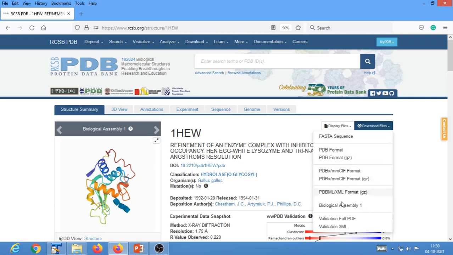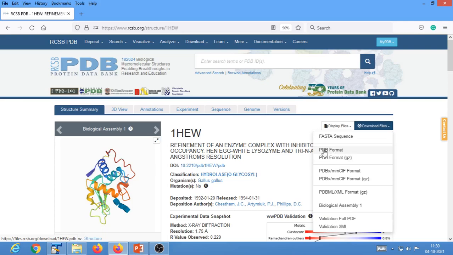That would completely depend on what you want to do with your PDB file or structure file. For our purpose we would require our structural model of our protein molecule in text format.